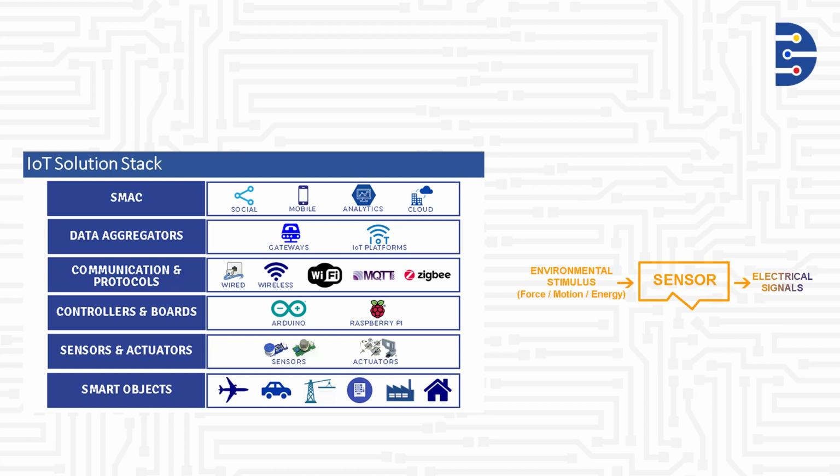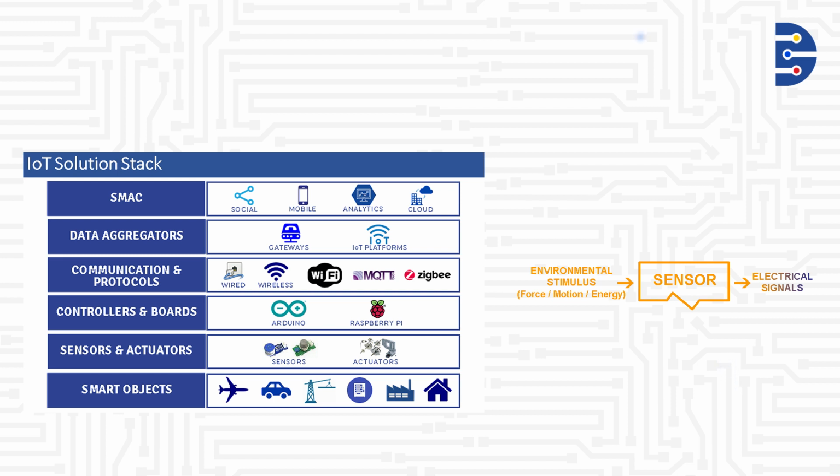By definition, a sensor is the device that detects and responds to some sort of an input from the physical environment. That input could be light, heat, motion, moisture, pressure, or any of the other environmental factors.